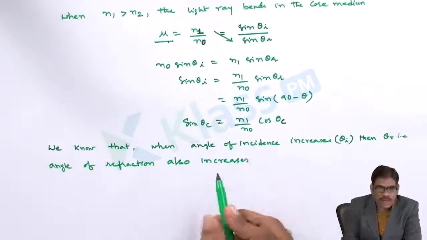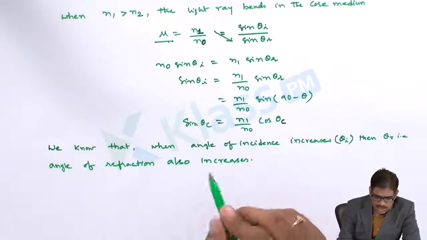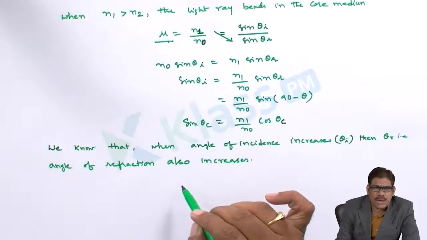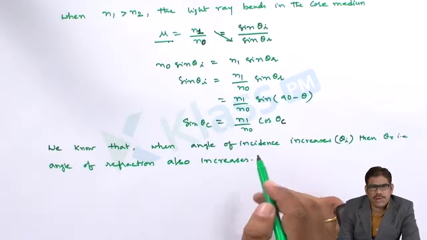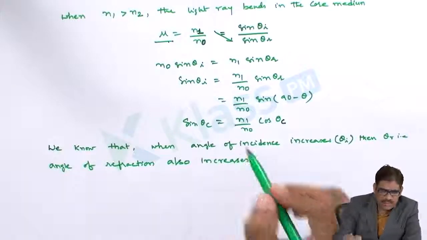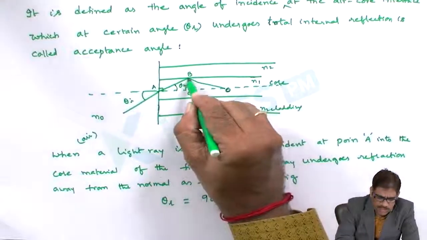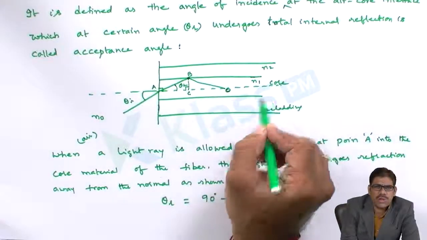Because of this condition, the light ray entering from the air medium to the core medium later bends and moves into the core medium. We can see the light ray meeting the surface of the cladding as well. So the refractive index of the cladding is also an influential factor for the light ray to propagate through the core material.